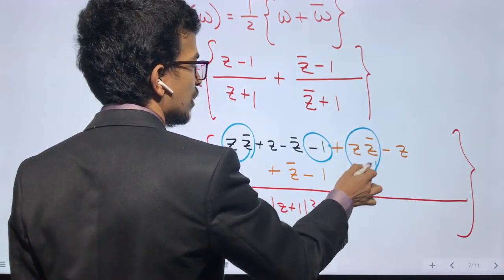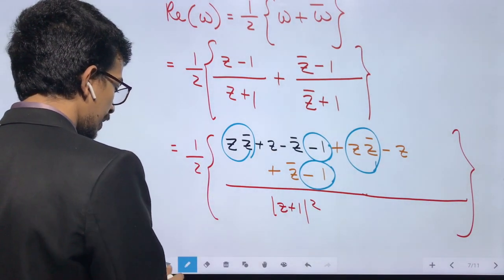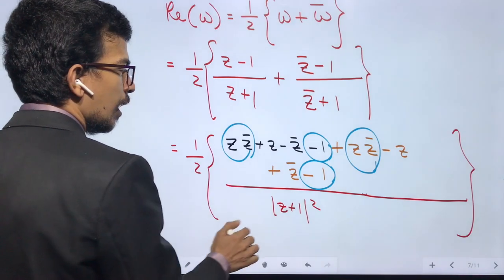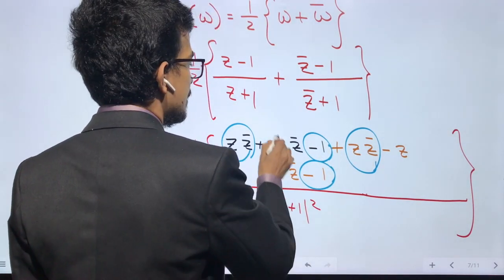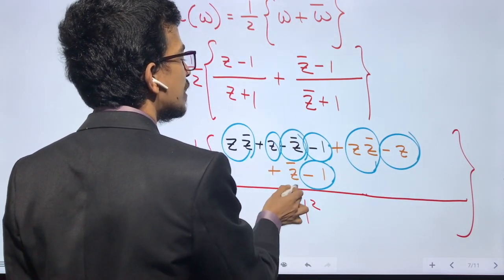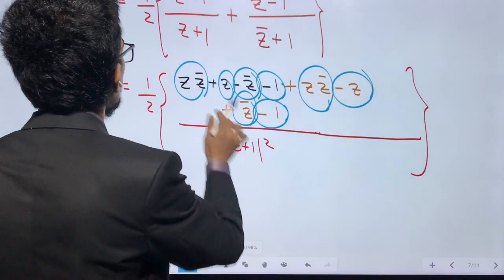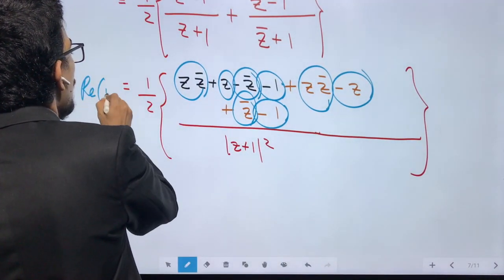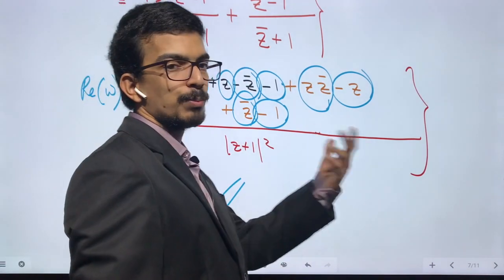And what is remaining is, see this, z and minus z gets cancelled off, minus z bar and z bar gets cancelled off. So everything goes away. Ultimately, what we have found out is this is real part of omega, and real part of omega comes out to be 0. That is another way to approach this question.